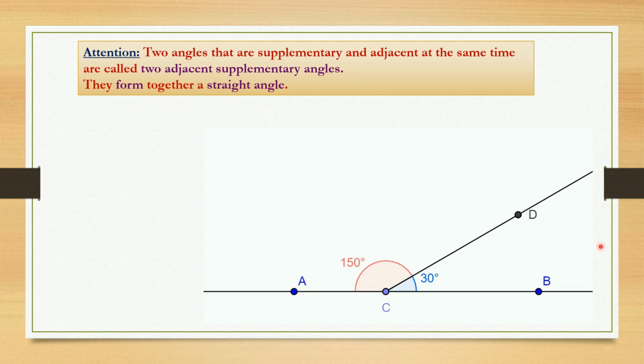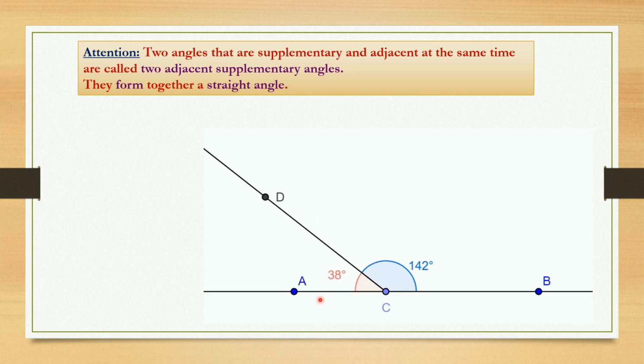Let's watch together this animation. Let's change the measure of both angles. Here, if you notice now, angles of measures 90 and 90 here are supplementary and adjacent. Here, be careful, two adjacent supplementary angles form together a straight angle, and their common side is in the middle in between.